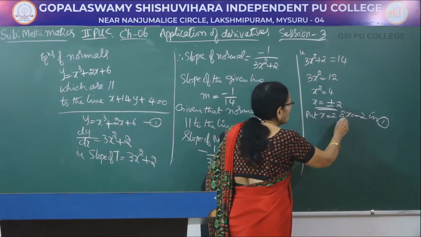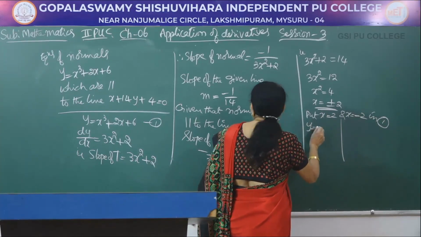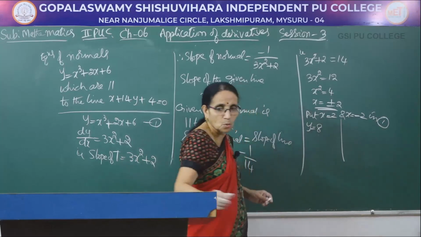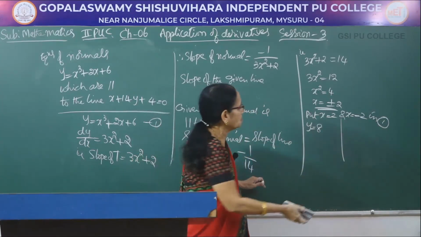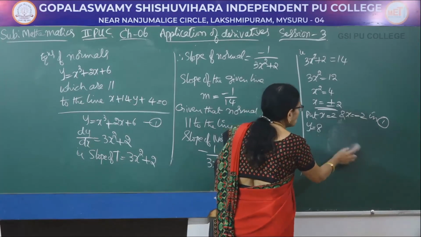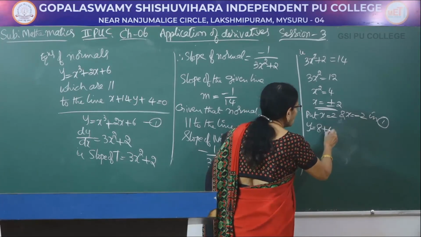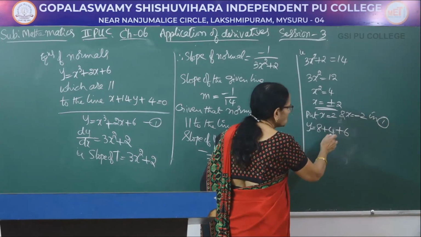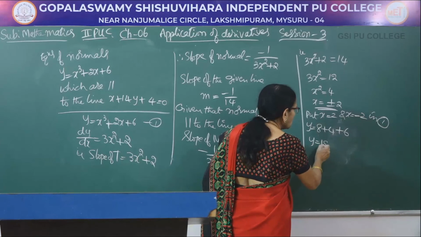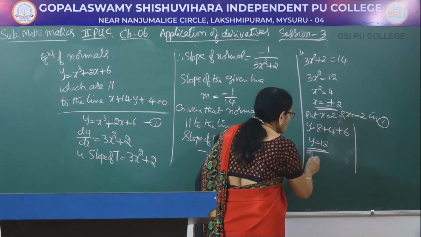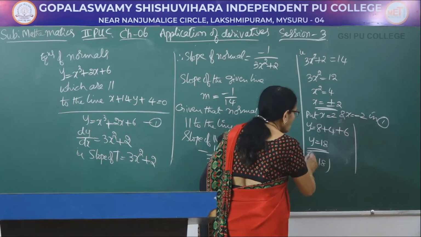So, first one, x equal to 2, y would be equal to 2 cube, that is 8, and then plus 2 into 2, that is 4, then plus 6, isn't it? So 6 plus 4, 10 plus 8, 18. So when x is 2, y is 18. So the point is 2 comma 18.